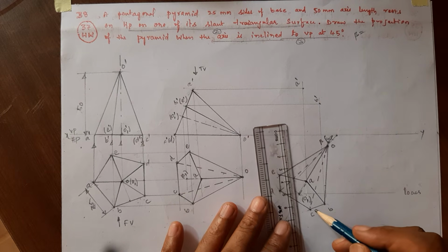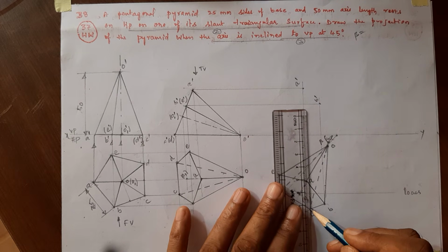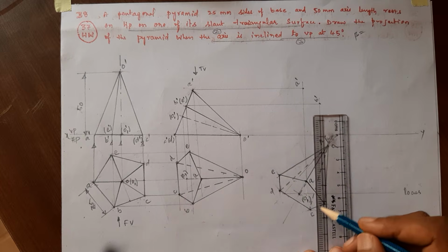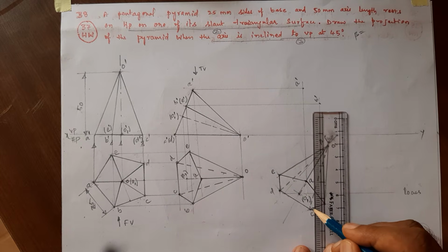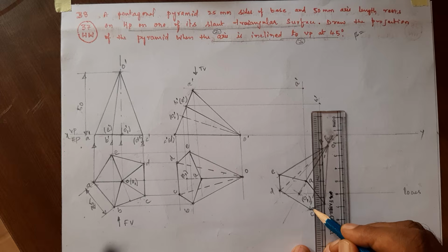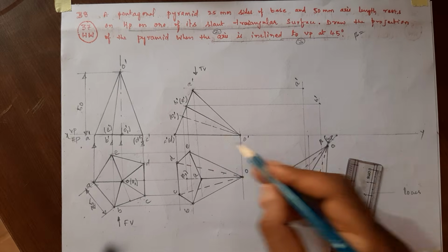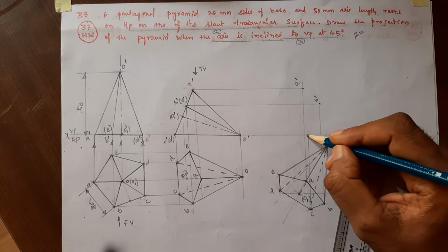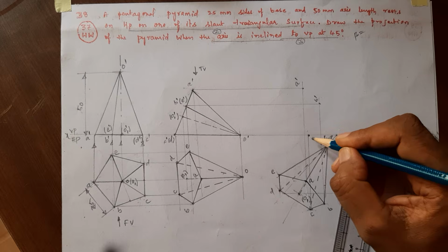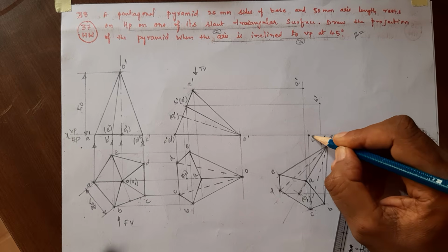Next, vertical projector line from the C, so horizontal projector line from the C dash. Now this point is C dash.